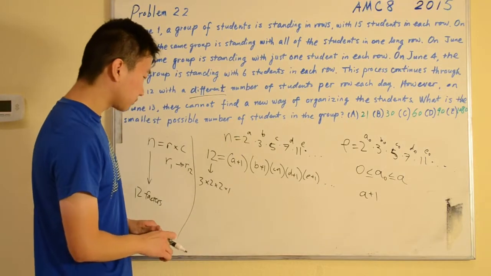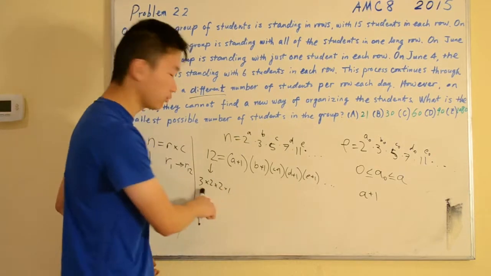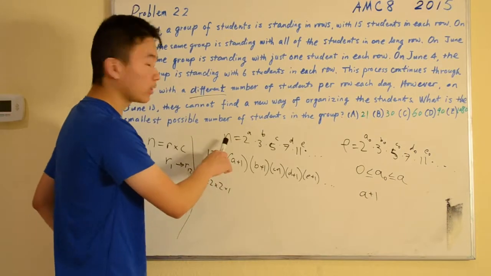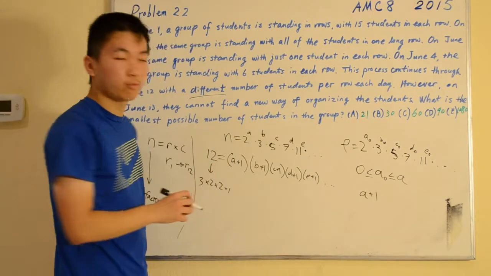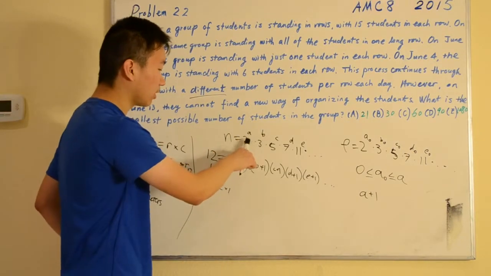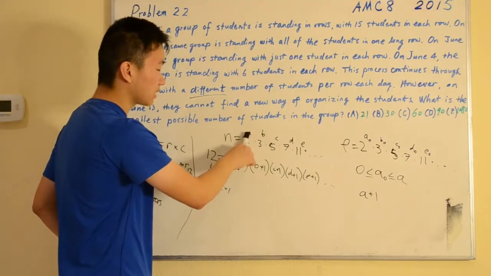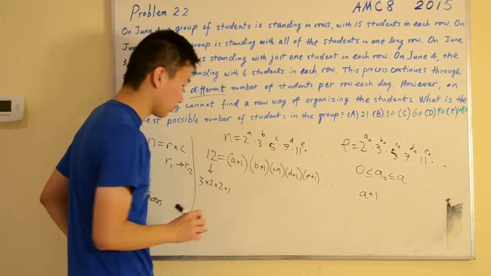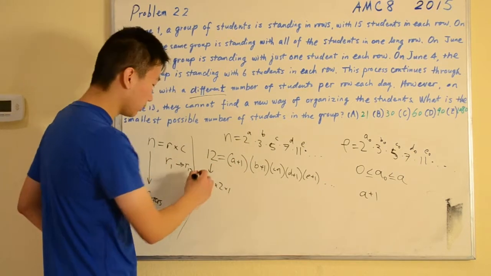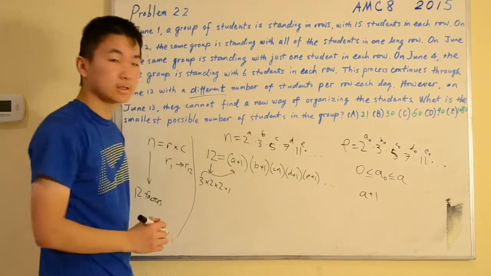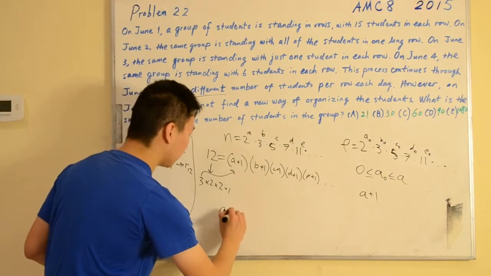So, how do we know which term is which? Well, because we want to minimize n, we want to maximize the power of the smallest base. So that means that we want to maximize a because 2 is the smallest one. So a plus 1 should be the 3. So that means that a equals 2.